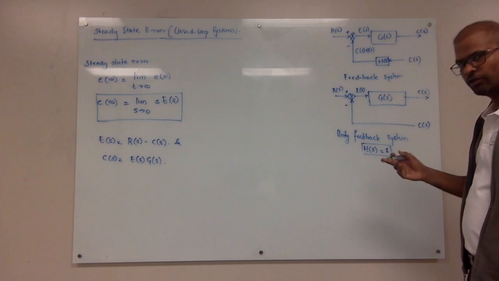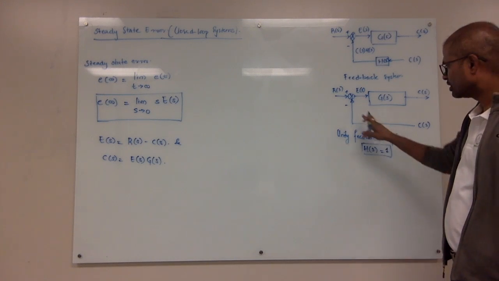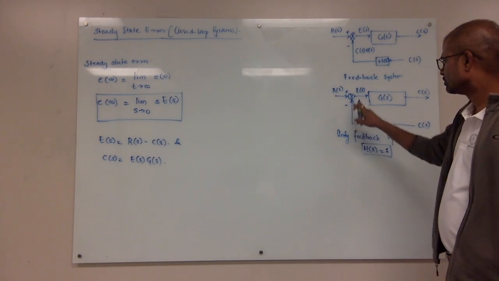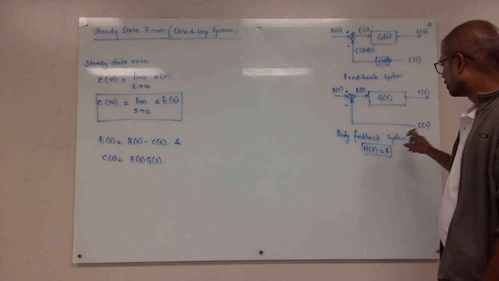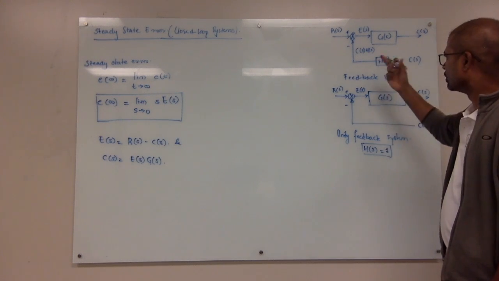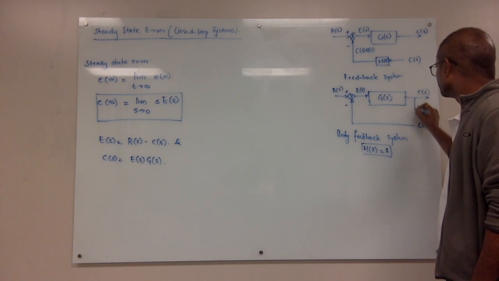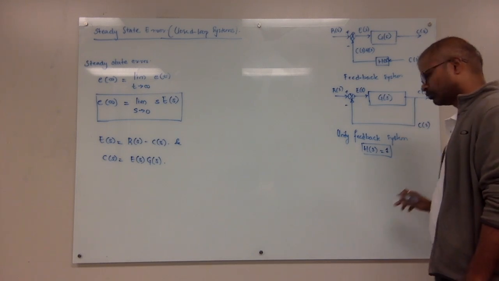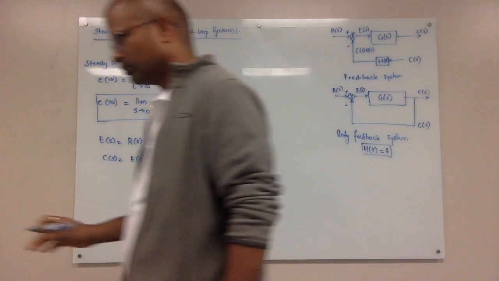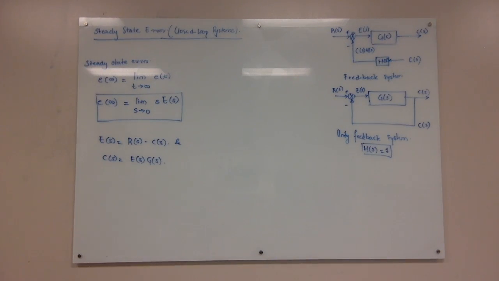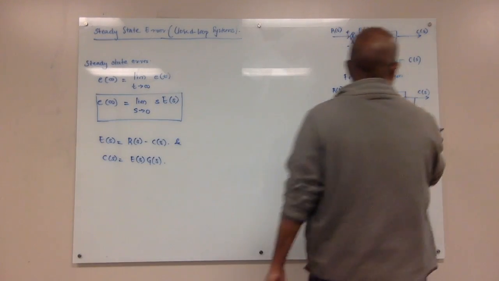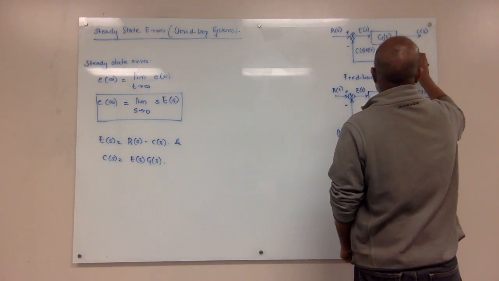C of S. What is H of S? 1. Okay, this is a unity feedback system. You got it? Yes, sir.